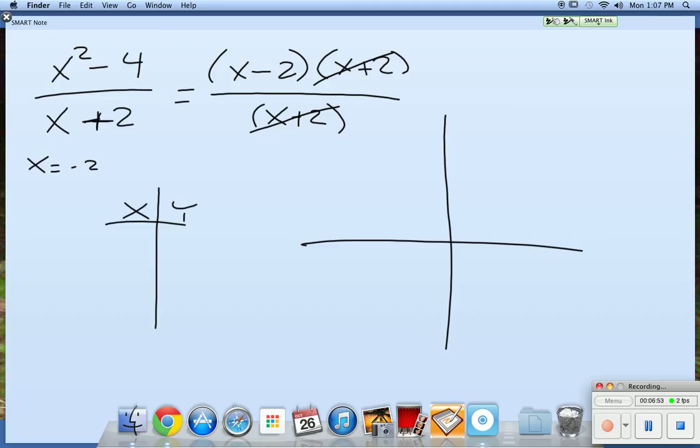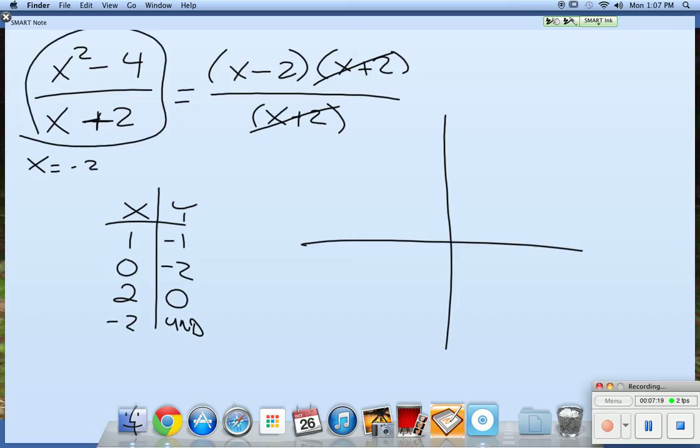If x equals 1, then my y equals -1. If x equals 0, y equals -2. If my x equals 2, my y equals 0. I could even put a -2 in for this, but the problem is this has to be undefined here per this equation. That's what we're actually graphing.